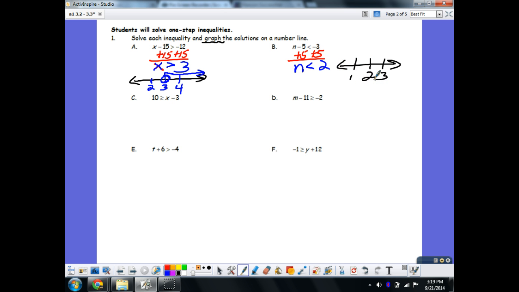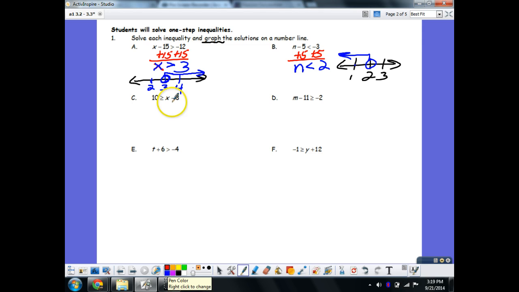It doesn't matter how many. Now, since we have no line under that less than, 2 is not a solution, so again we're going to put an open circle at 2, and we're going to test a value. If we test 1, is 1 less than 2? Yes, so that is the direction we are going to graph. And again, graphing these solutions just comes right from 3.1, which you did the practice worksheet on today.